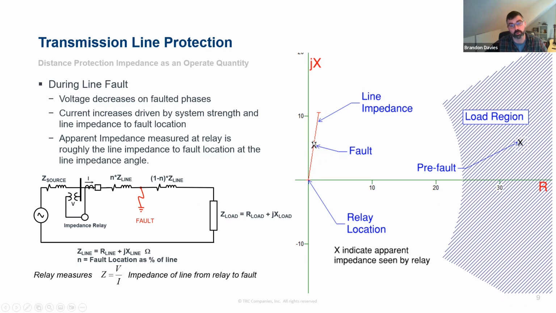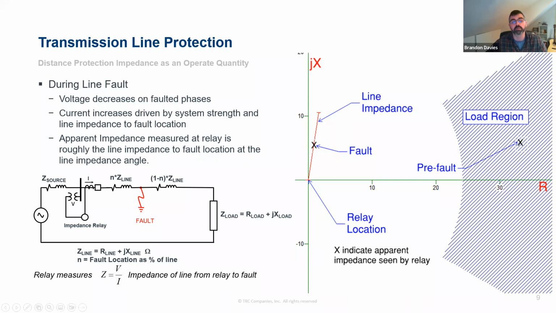If it moves further away, you're going to see that fault location, and the measured impedance, move further away. So for a fault outside of the line, maybe on an adjacent line off the remote end bus, we might be seeing an impedance measurement that's further out here somewhere for a fault condition that's not on the line.